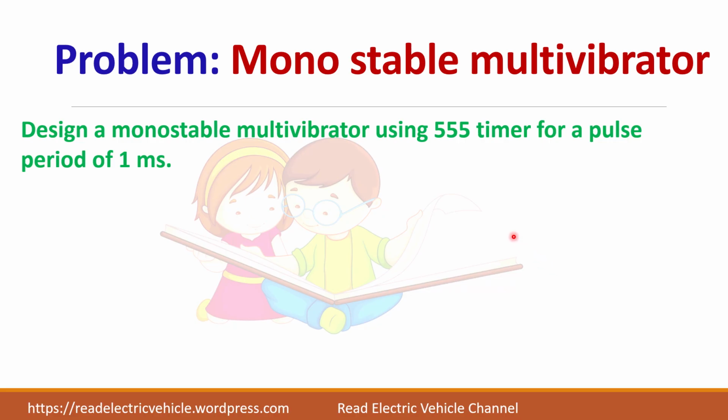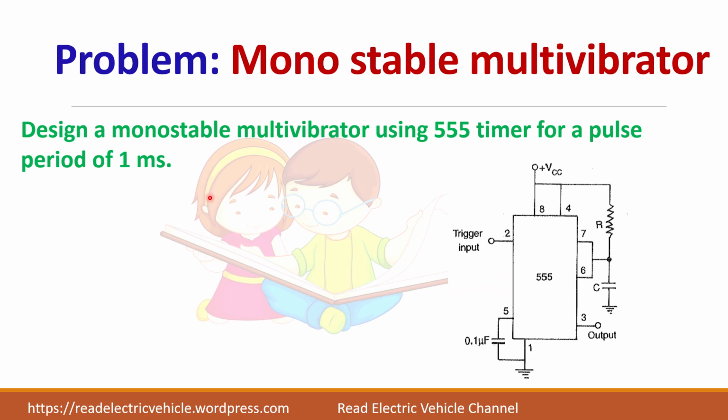Now let us take a small problem and design the monostable multivibrator. First, design a monostable multivibrator using 555 timer for a pulse period of 1 millisecond. For monostable operation, this is the circuit diagram we know. T is equal to 1.11 RC.